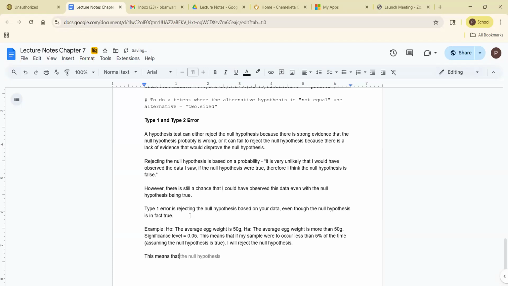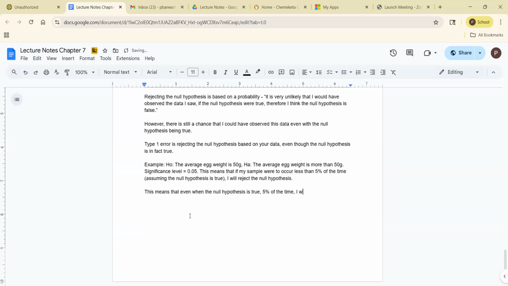Well, this means that even when the null hypothesis is true, 5% of the time, I will reject the null hypothesis. Because that is how often my data would have a p-value, remember, that means the probability of observing it, less than 5%.